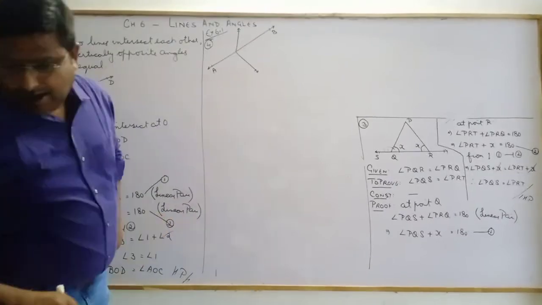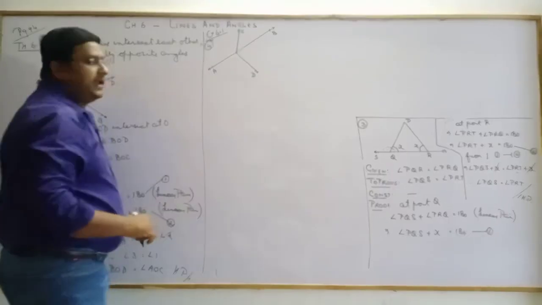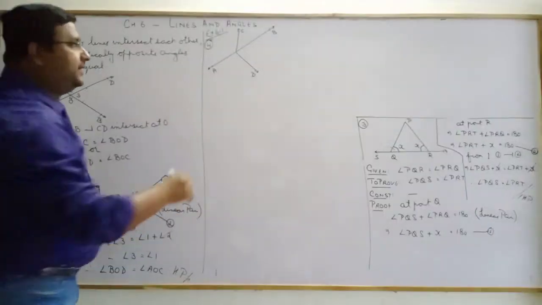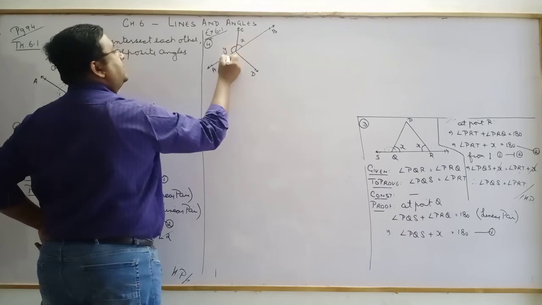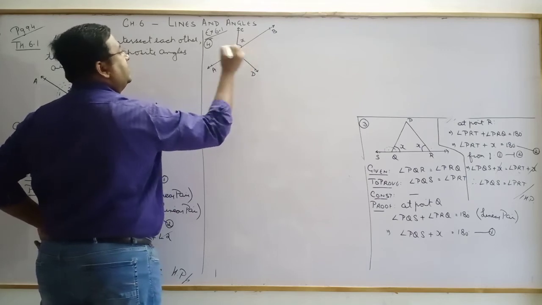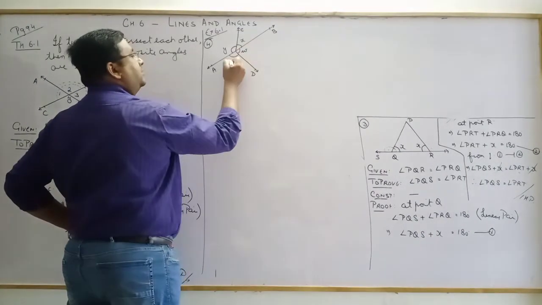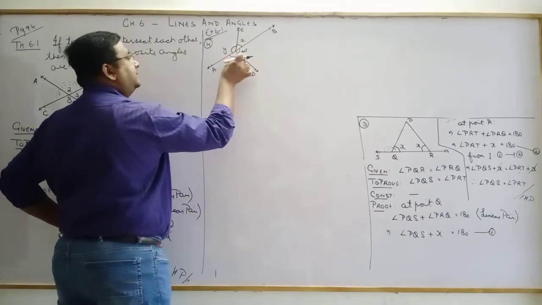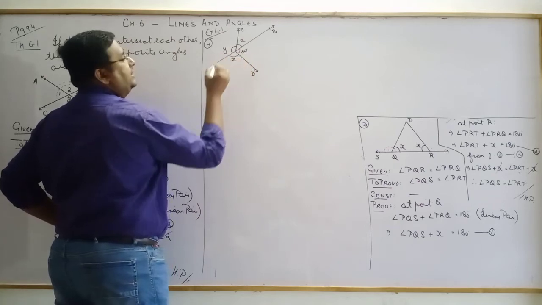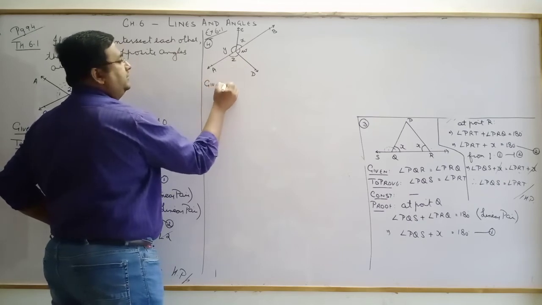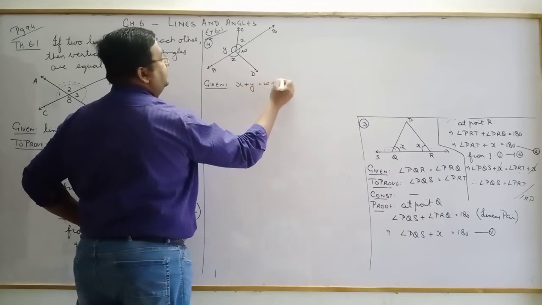This is C and D. And the angles are given to you, X and Y. This is X, this is Y, this is W, and this is Z. What is given to us? We are given x plus y is equal to w plus z.